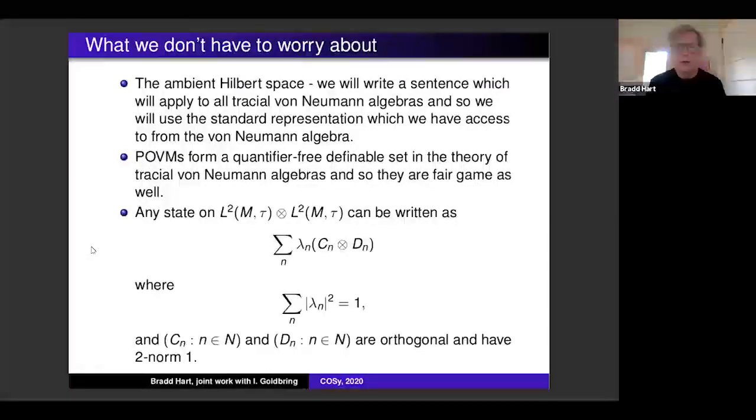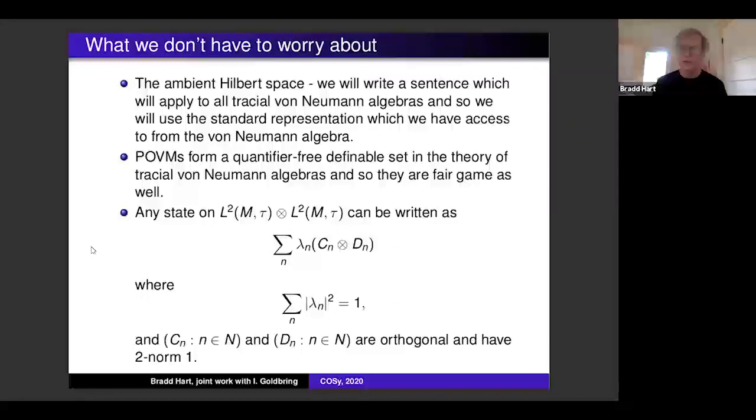States. If my ambient Hilbert space is going to be L2 of M tau, then my state is going to look like an infinite sum of a bunch of Cn tensor Dn's, where the sum of the squares of the coefficients is 1, and I've got an orthogonal collection. Basically I take an orthonormal basis for L2 of M tau tensor L2 of M tau, I write it out, and I get this representation.